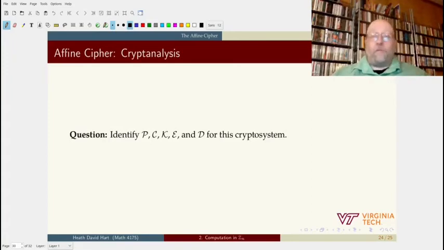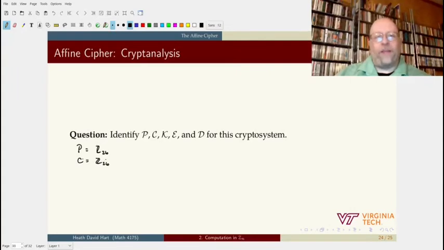So let's formally define this crypto system. What are P, C, K, E, and D for? So P is the set of integers mod 26, and so is C. We're taking numbers in Z mod 26.